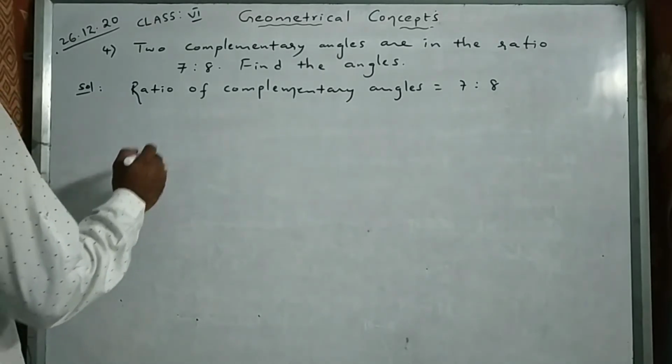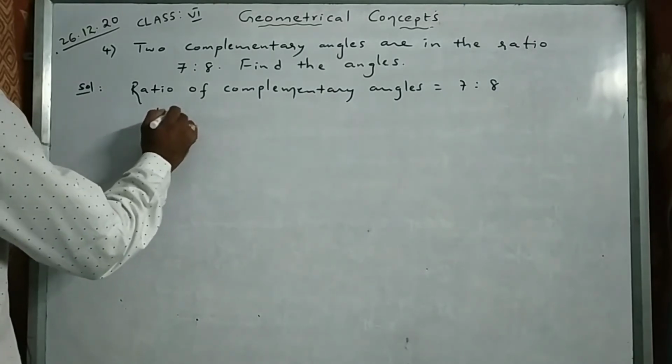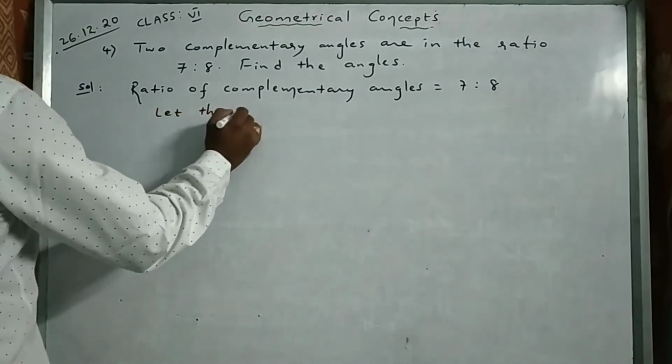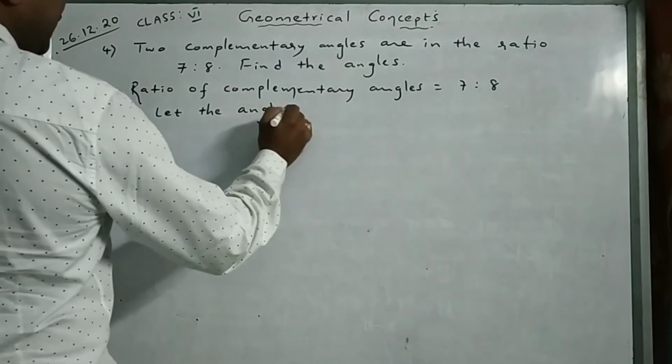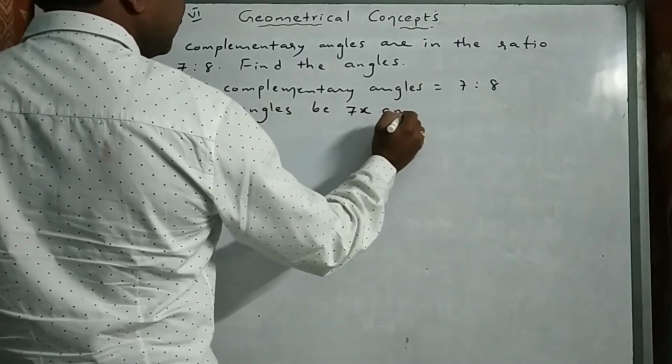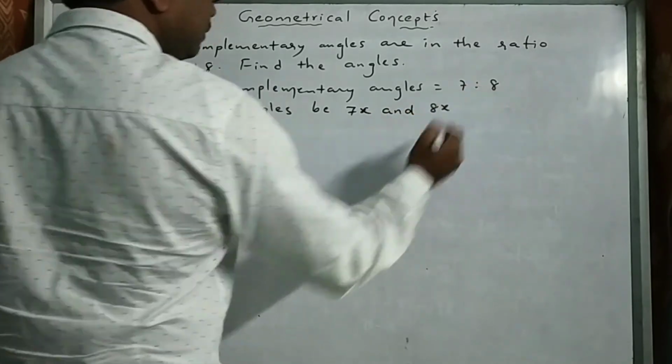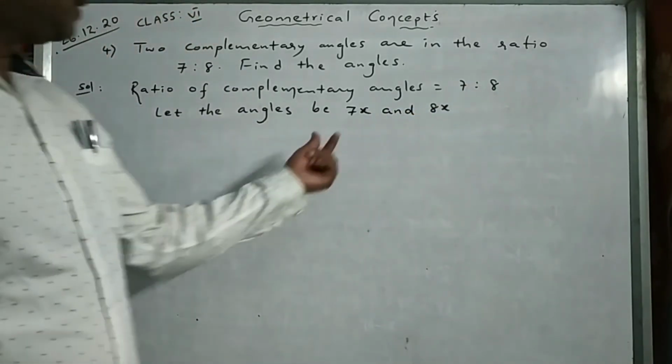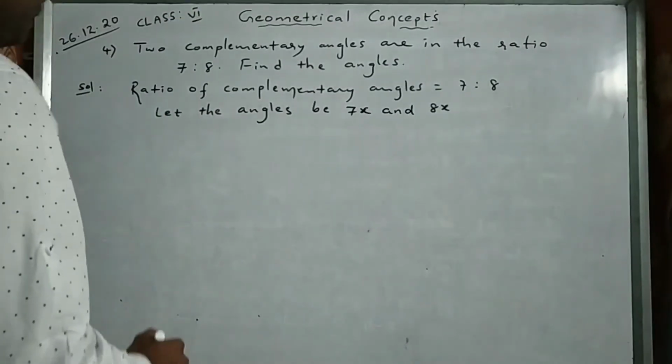I want to find the angles. Let the angles be, I'll take like this, 7x and 8x. Just remove the ratio, 7x, 8x I am taking.